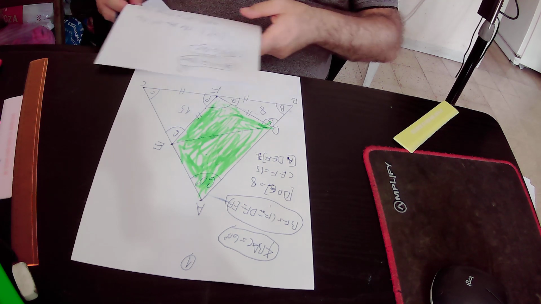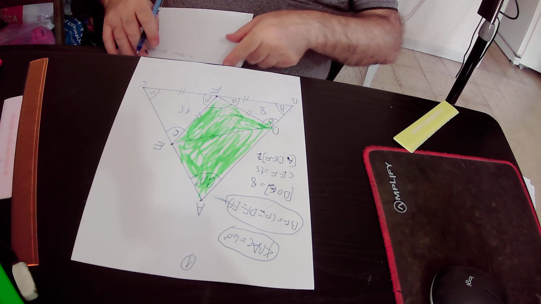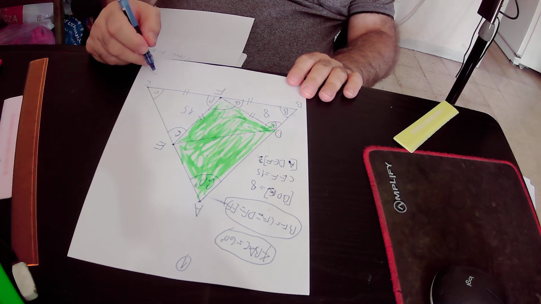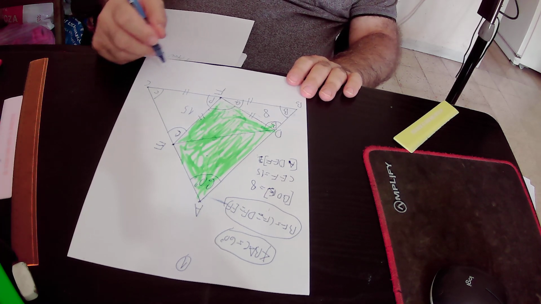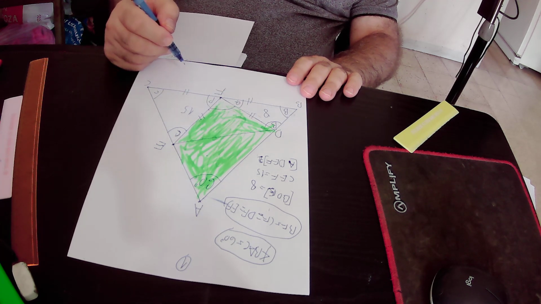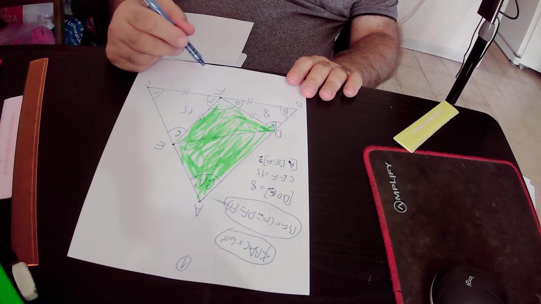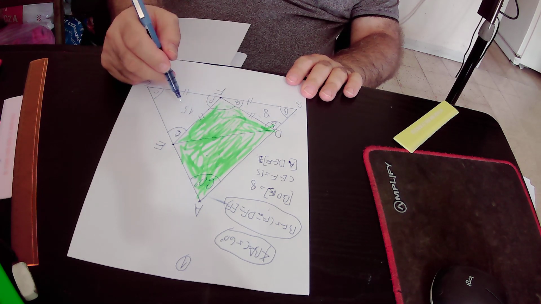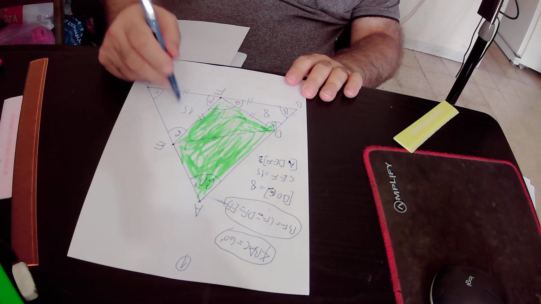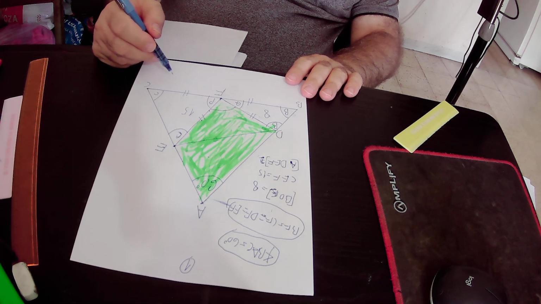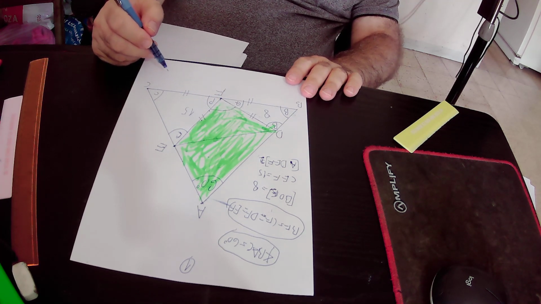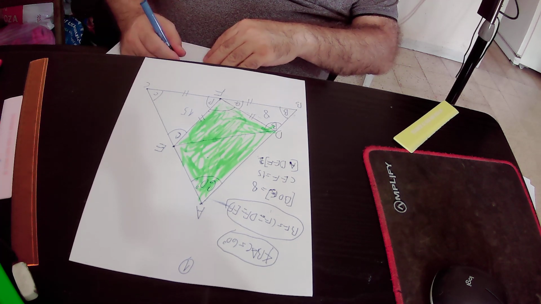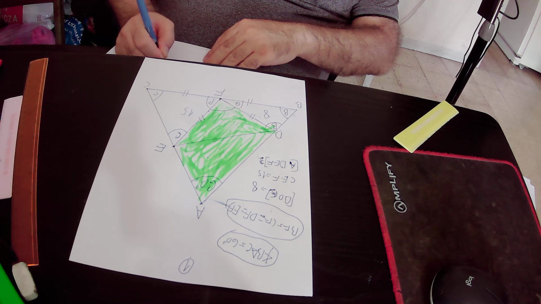So actually BC is a side of triangle ABC, and because BC is one of the sides of triangle ABC, BC is a straight line. Okay, BC is a straight line. I will write it down. BC is a straight line.